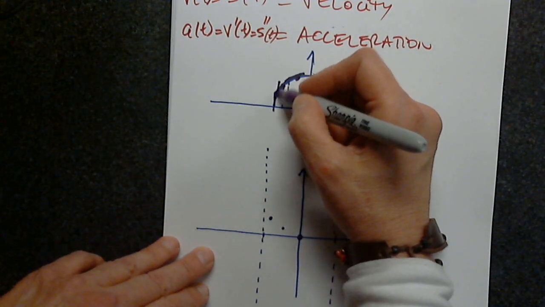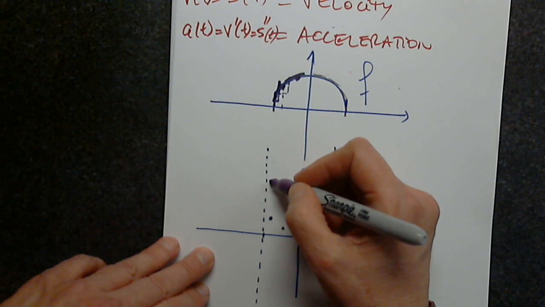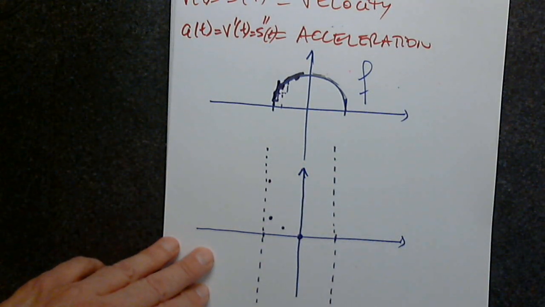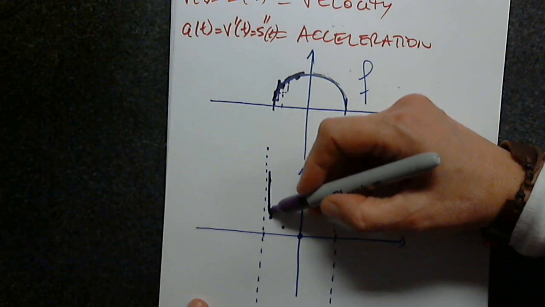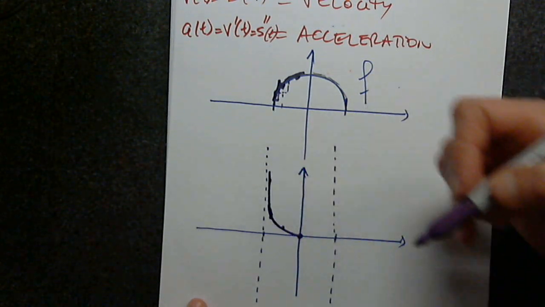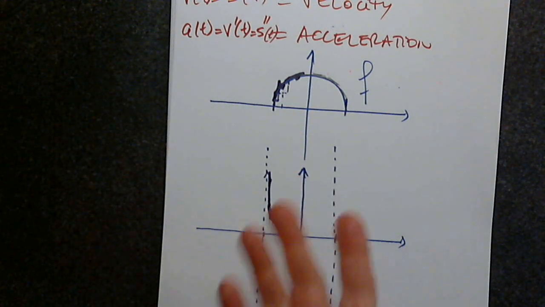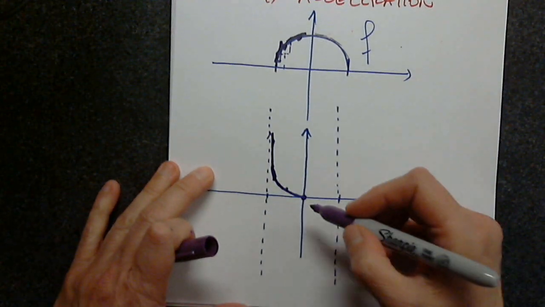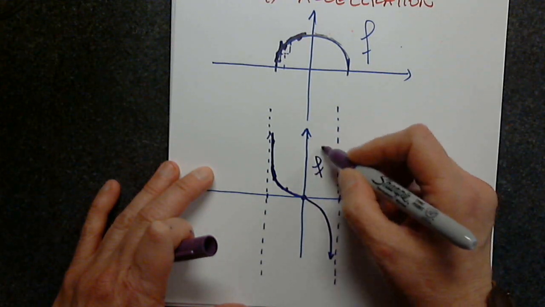Here, definitely bigger. And I'm done with this side. Since it's symmetric, I don't have to do anything to the other side. And this is f prime.